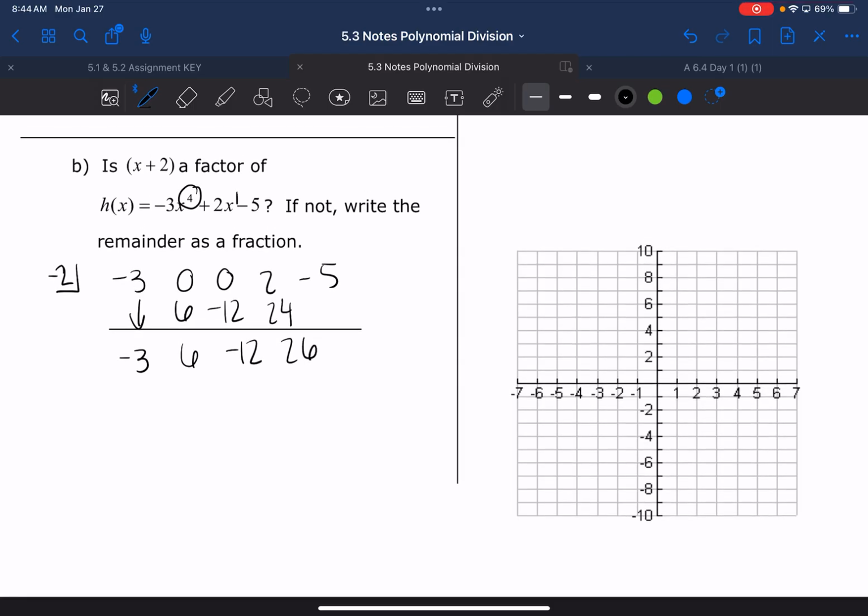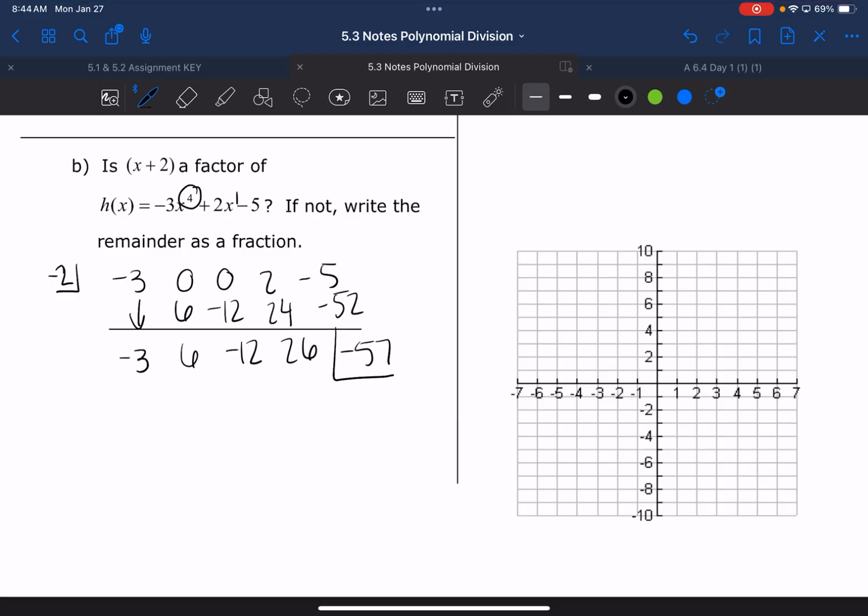And what's 26 times -2? -52. And what's -5 plus -52? -57. All right. Remember, that piece is my remainder, right? So, what do we think? Is x plus 2 a factor? No, right? Or it would have gone in with a remainder of 0, like the ones we've previously done.